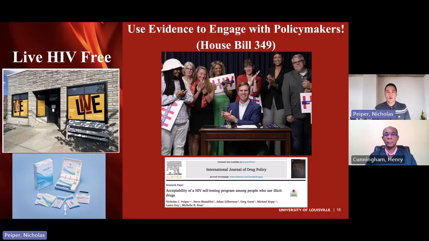So really rewarding to be able to run into a lot of implementation barriers, a lot of fear in the community that happened because of that, but we were able to leverage that and turn it into policy change, and subsequently have a lot of community-based organizations and the Cabinet for Health and Family Services adopt the HIV self-testing procedures and protocols that we came up with.